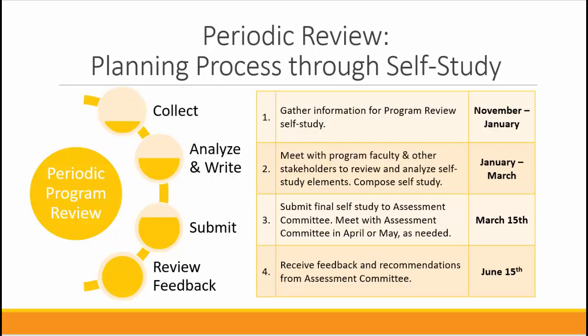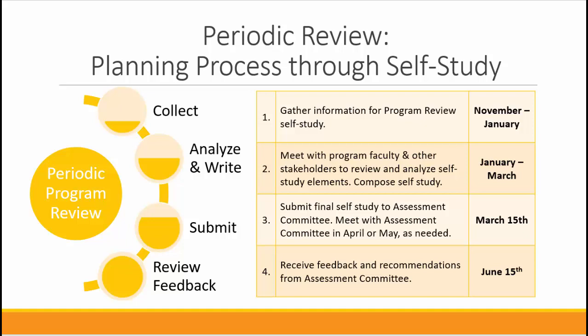So what is the periodic program review process? Here's the nitty-gritty. Starting in about November to January, programs should be gathering the information for periodic program review. If you go to the outline of periodic program review and look at each section in terms of what data or documents are required, now is the time to begin pulling that together, so that when we come to the spring, you'll be spending your time doing the analysis.